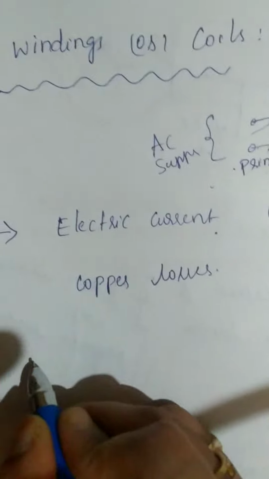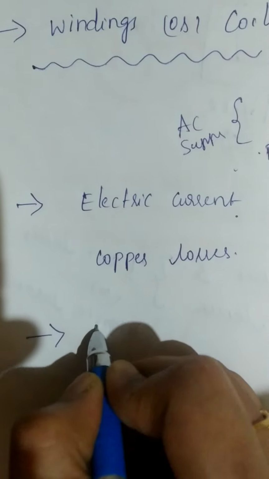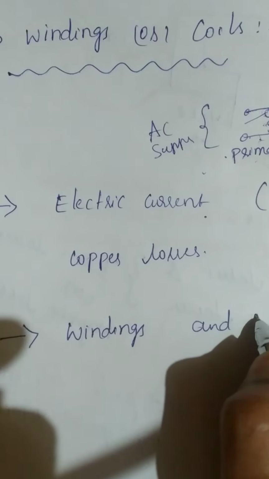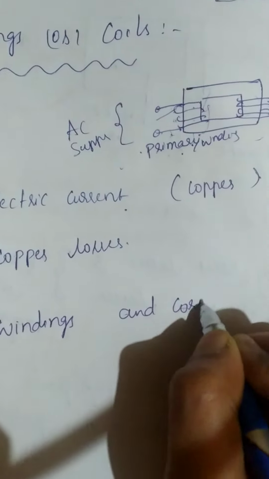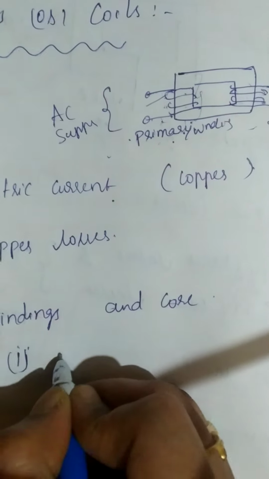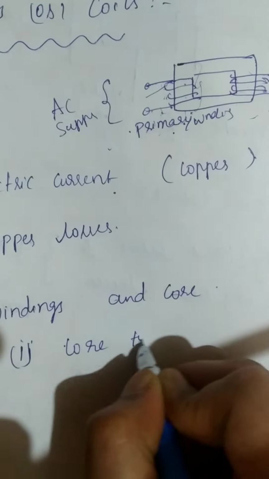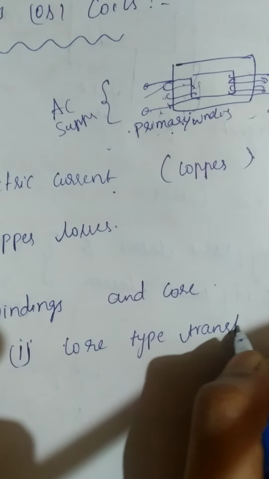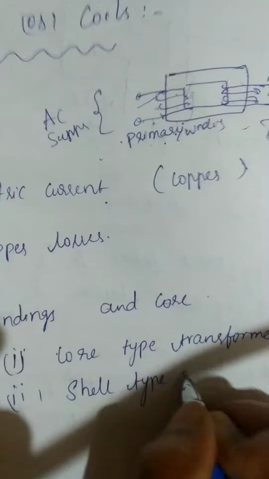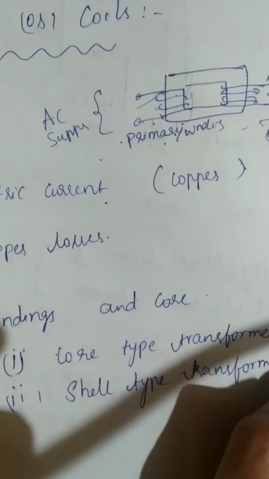Based upon the windings and core material which we are going to use, there are two types: the core type transformer and the shell type transformer. Let's see the core type transformer.